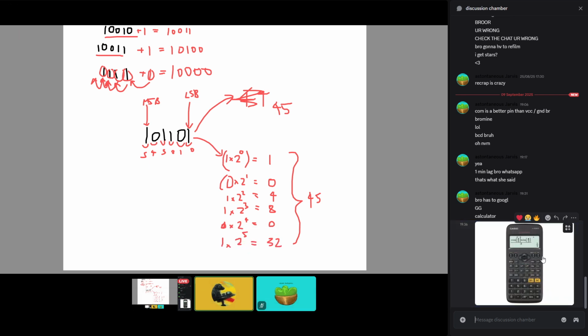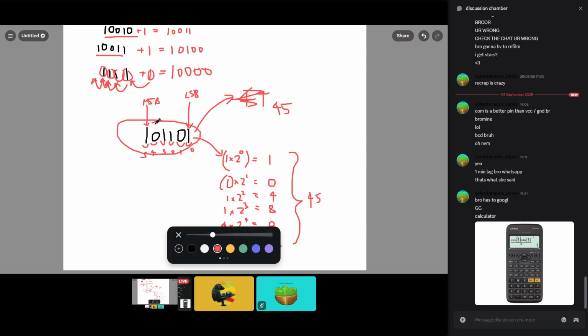So you can ask me now, how do I convert binary to decimal then? Okay, let's put this in. I'm going to go back into mode 1. I'm going to type in 101101. Oh no, wait.